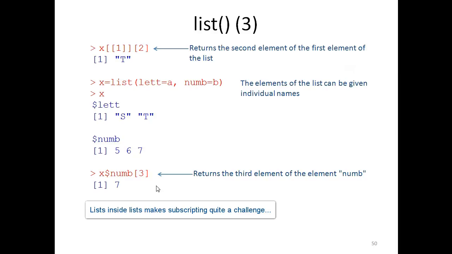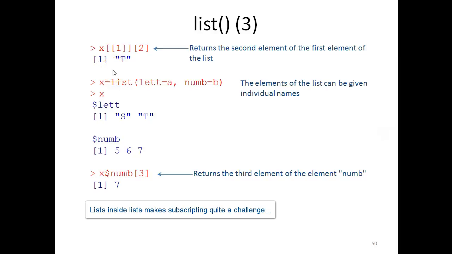In this case, I want to go into the first element in X and then extract the second element of this element, which is a vector. Then I have to write X bracket bracket 1 bracket bracket, telling R that I'm interested in the first element of X, and then bracket 2 bracket, because I'm interested only in the second element of this element, which is a vector. And in return I get T, because T was the second element in the vector A.